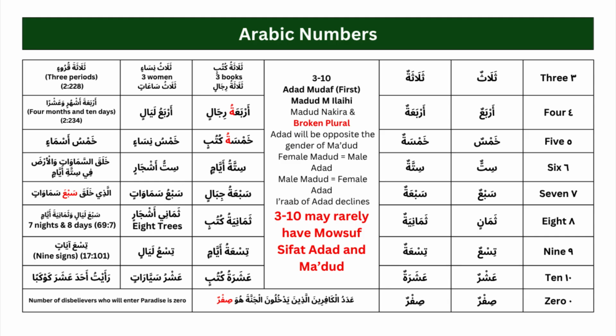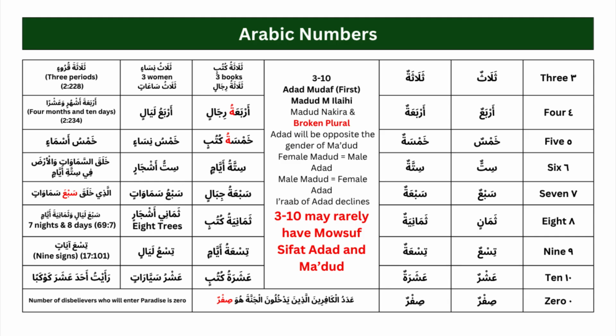The slide gives thalathatu kururin, 3 periods. Then thalathu nisa'in, 3 women. Then thalathatu kutubin, 3 books. These examples help students see the pattern. The number comes first, and the counted noun is plural.